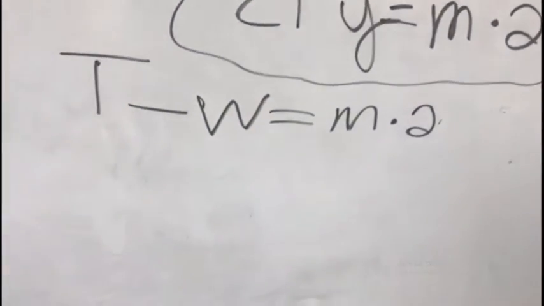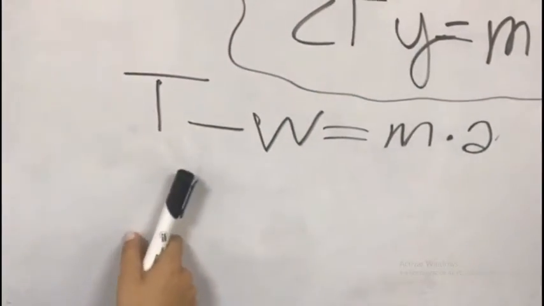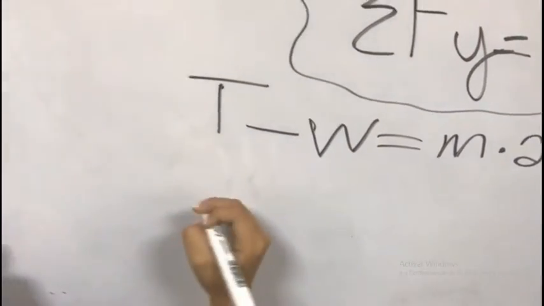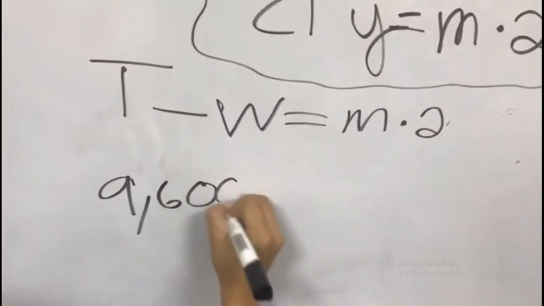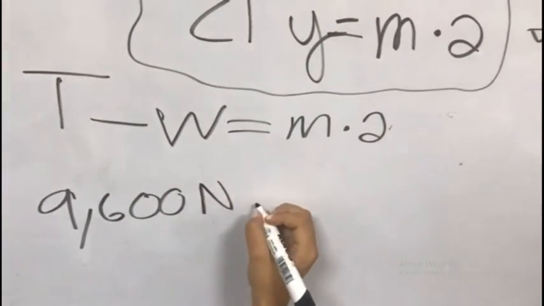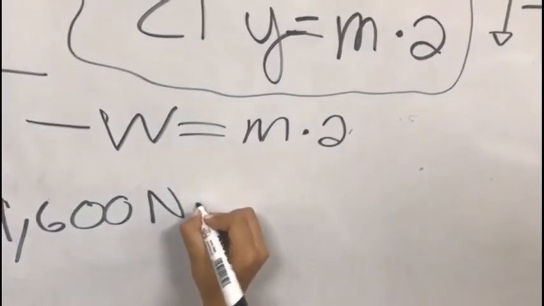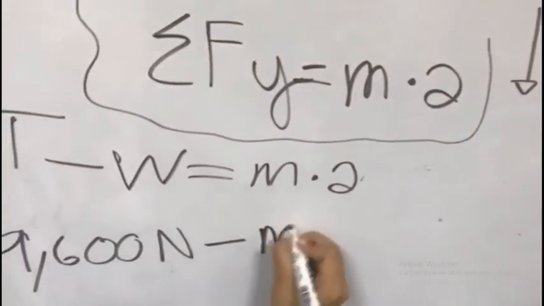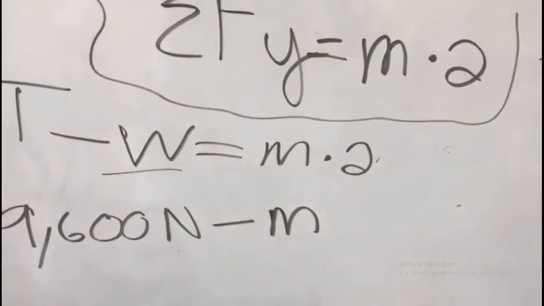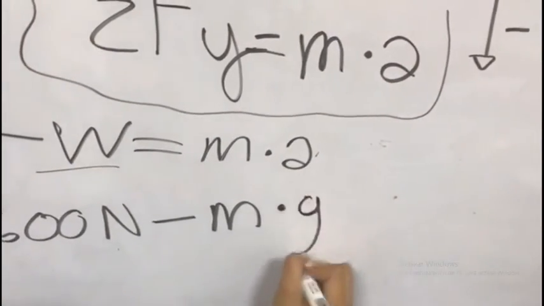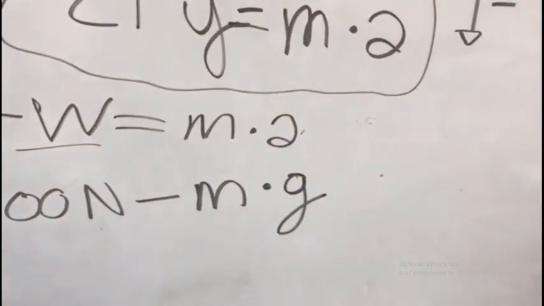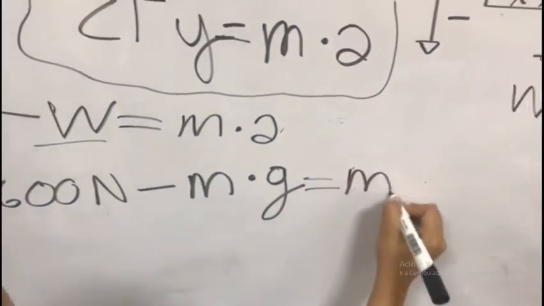Then we substitute the letters with what they give us. So we write it, then we put negative weight, that is equal to mass times gravity, because we have mass, we put gravity, equal to mass times acceleration.